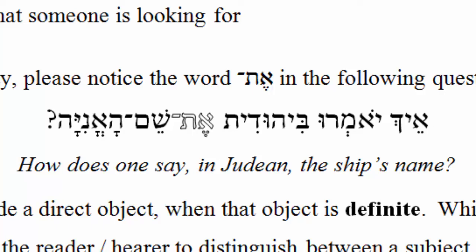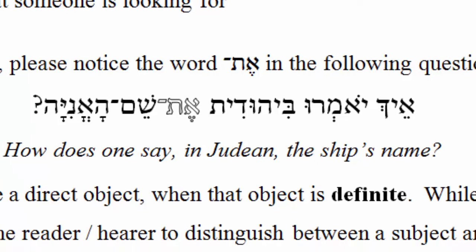If it is helpful, you may want to consider et as a preposition, although there's no corresponding preposition in the English language. It will be untranslatable in English, but useful as we read Hebrew because it will flag for us when a particular word or phrase is operating as a direct object.